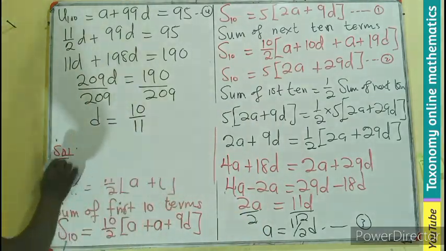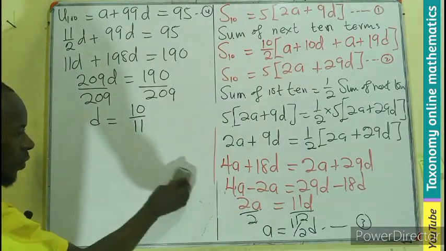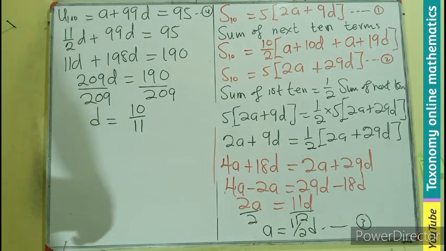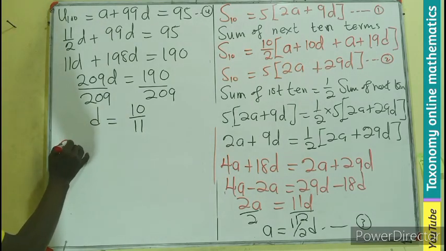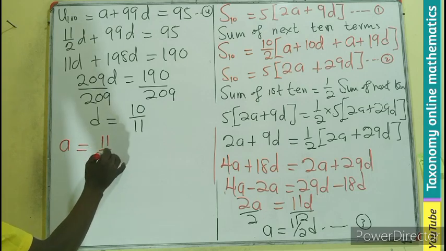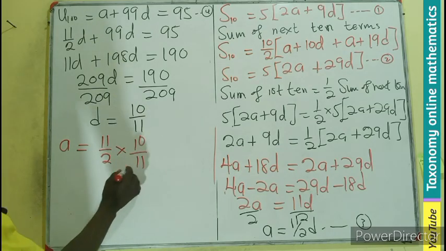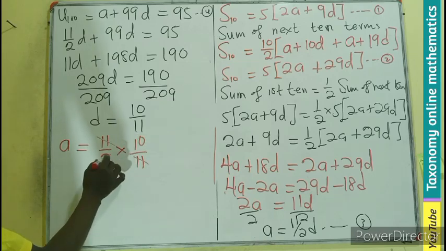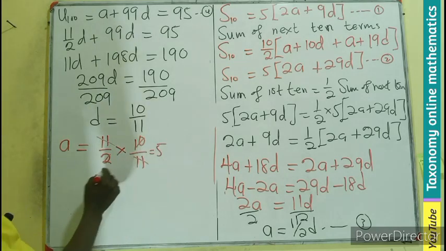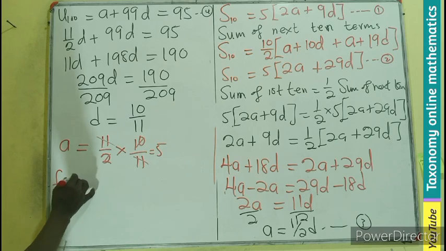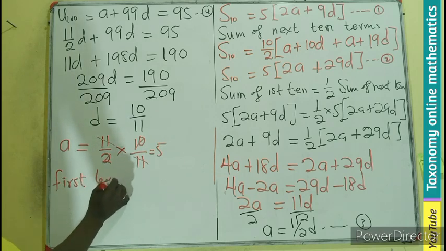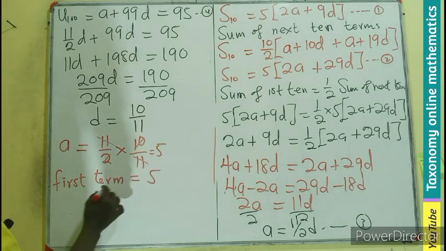So your first term is going to be a equals 11 over 2 times d, which is 10 over 11. We know 11 will cancel, go here, 5. So first term equals 5.